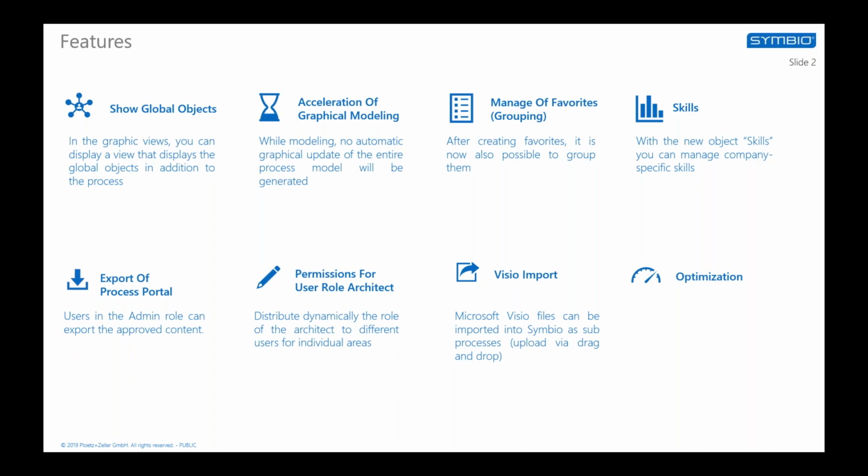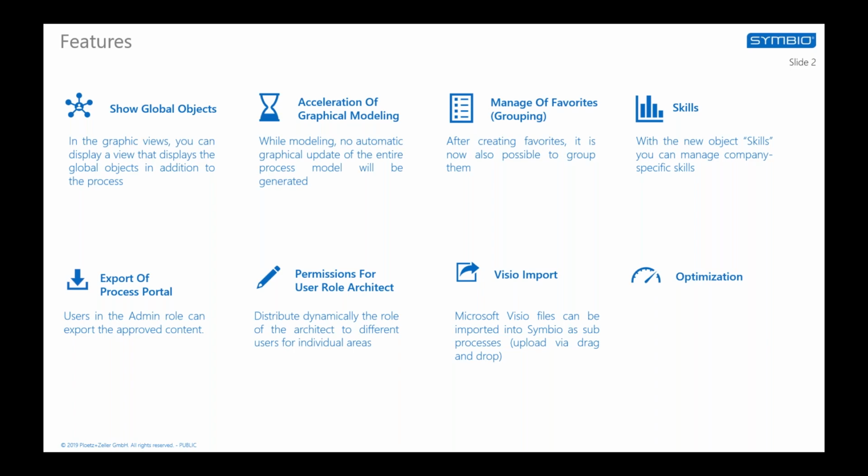The idea behind this is that it improves the performance significantly, especially for complex processes. Another advantage is that you as a user can add or maintain repository objects in a quicker way than before, as the detailing of the process is no longer interrupted by the automatic graphical updates.